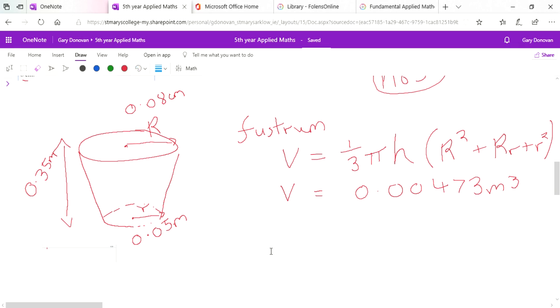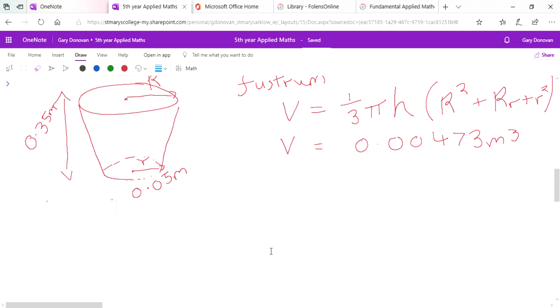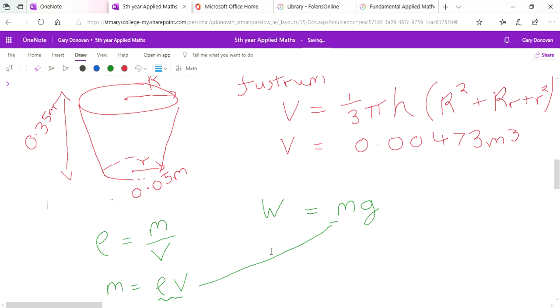Now the question was to find the weight of the water. Weight, we know, is equal to something's mass times its gravity. We know density equals mass divided by volume, therefore mass equals density times volume. So if we sub this in here, we get an equation for weight which is density times volume times g.